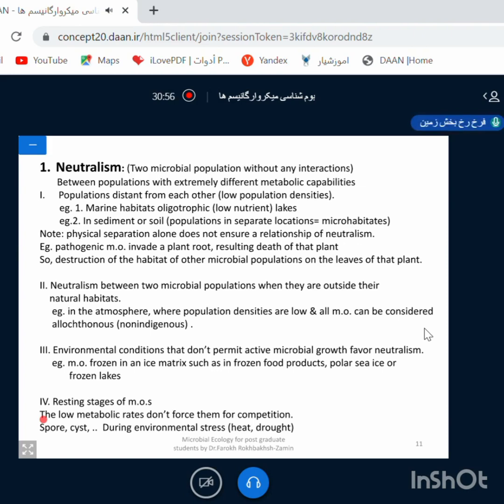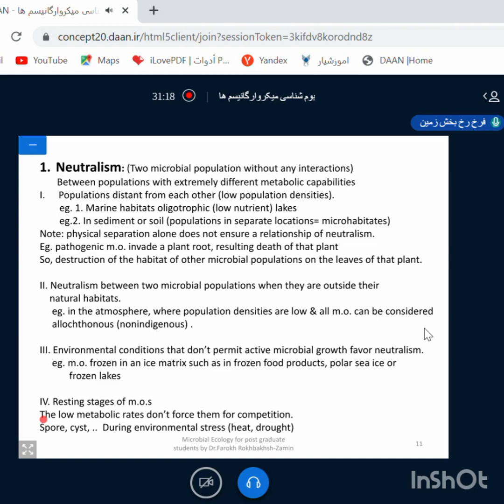So when bacteria are in vegetative form, what is the interaction? The interaction is predation. Predators engulf and eat prey. Now there are Paramecium and spores. What is the interaction?